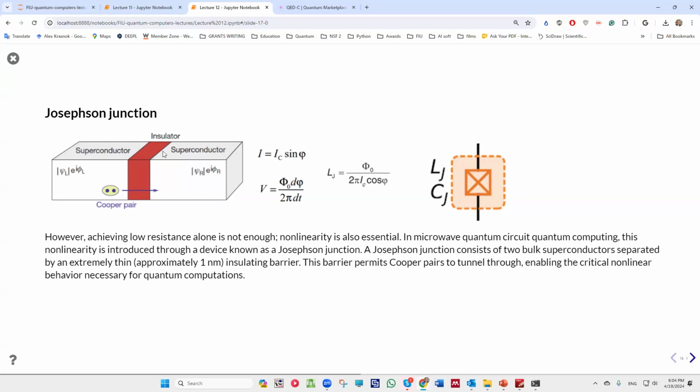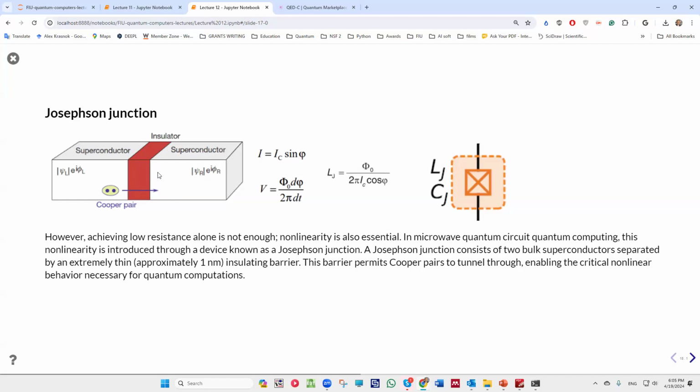We have two superconductors with Cooper pairs. The superconductors are separated by a piece of isolator, which is not penetrable to electrons, but Cooper pairs can tunnel through this isolator.